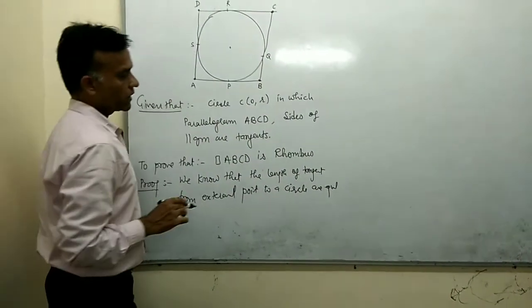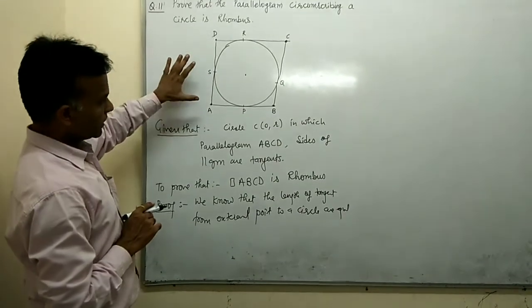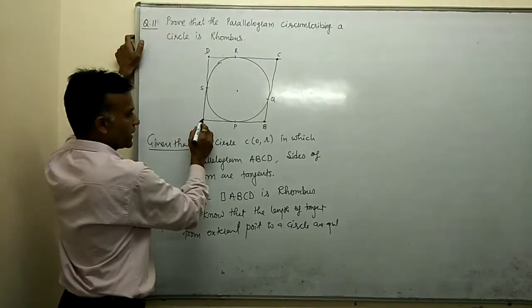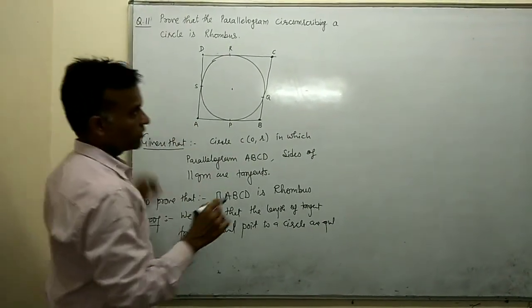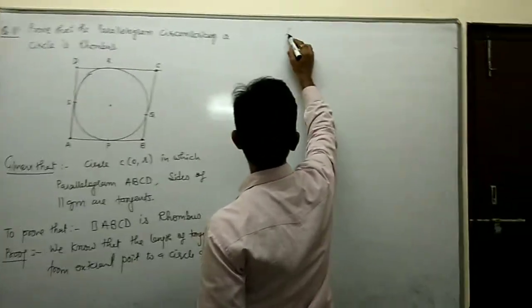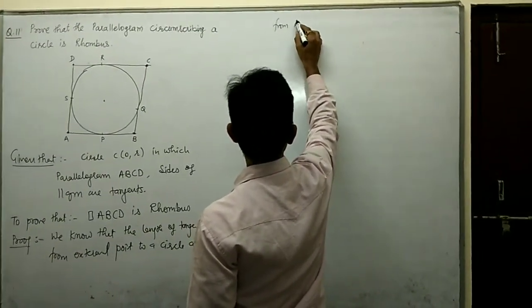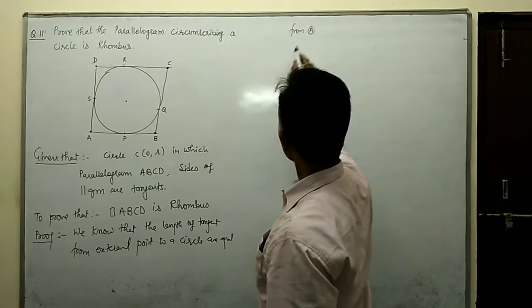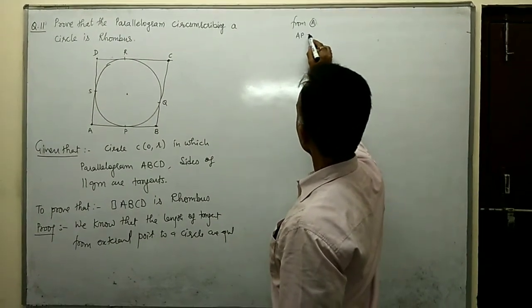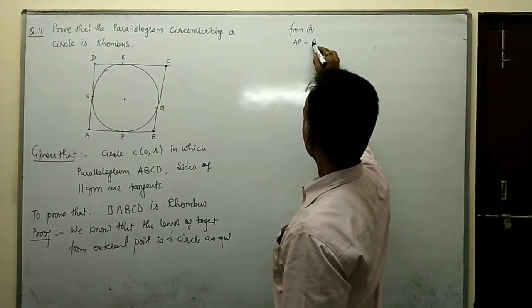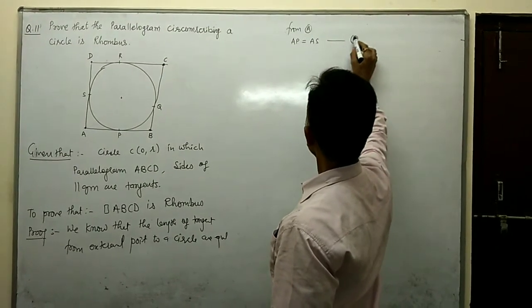Okay, this theorem we have already proved. External point means this point A is external. So write down here from point A. Again, the same concept you use here: AP equal to AS, you call it equation 1.